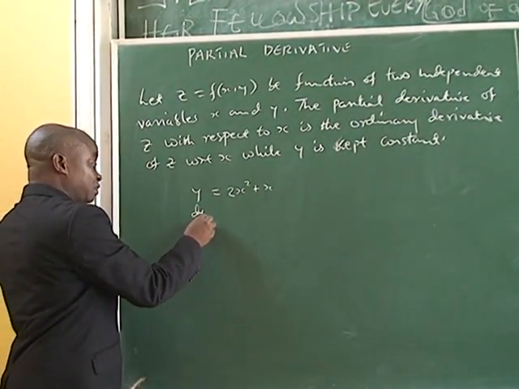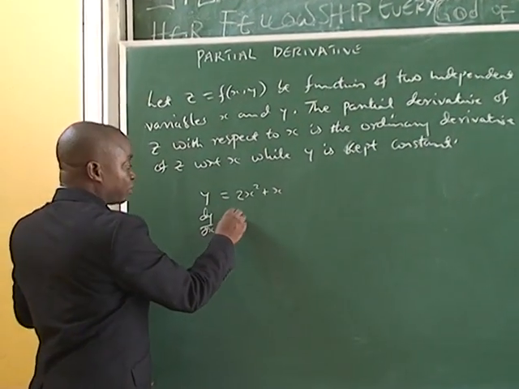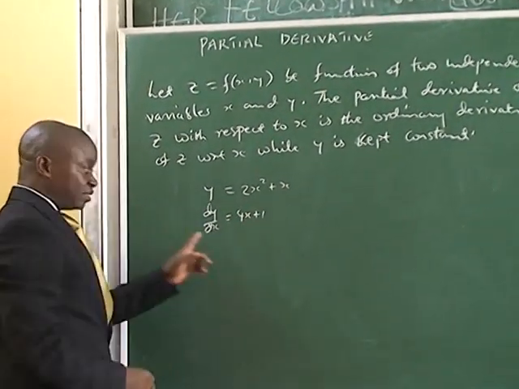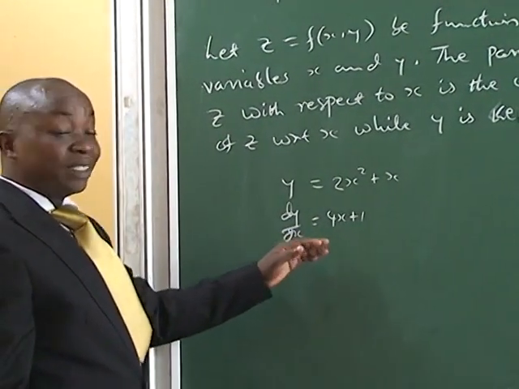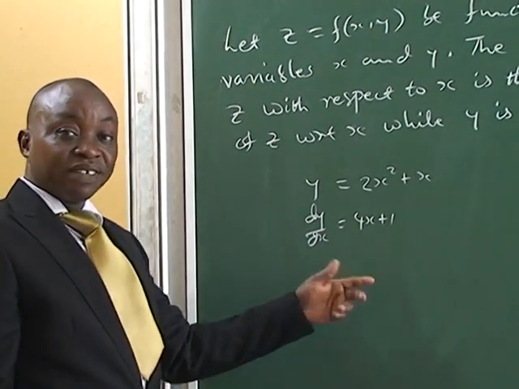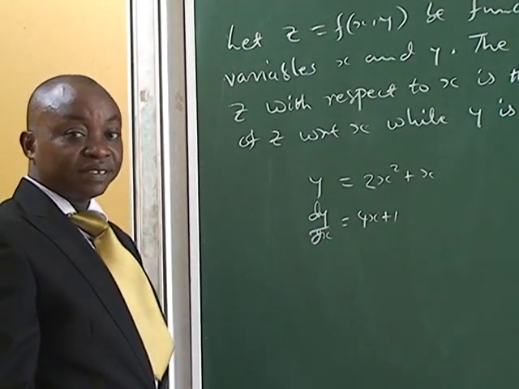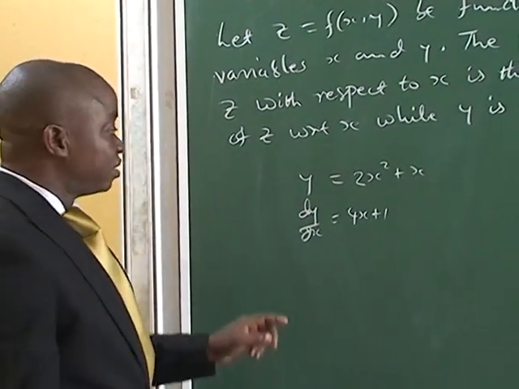You see that dy/dx, which we know, will be equal to 4x plus 1. You know this. But this one involves two variables, so we are not going to deal with only x, but rather we'll deal with y. Now, let's continue from where we stopped.